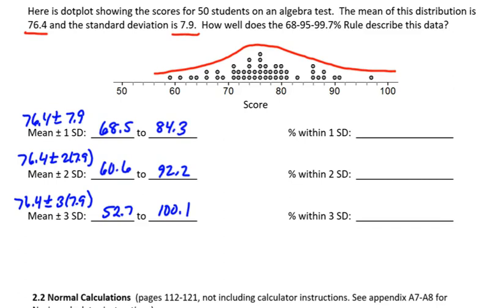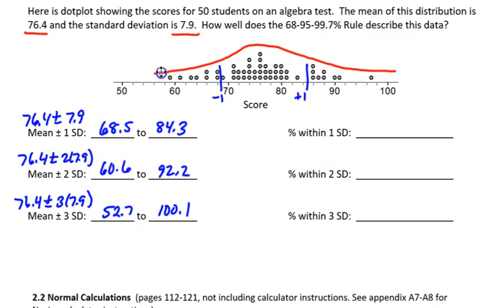So let's mark these on the graph. Each tick mark represents 2. So 68.5, this would be 62, 64, 66, 68. Looks like this dot right here is probably at 69, so we could draw our 68.5 right here. And then 84.3, it's 82, 84, 84.3 is about right here. So how many of the dots are between plus or minus 1 standard deviation from the mean?